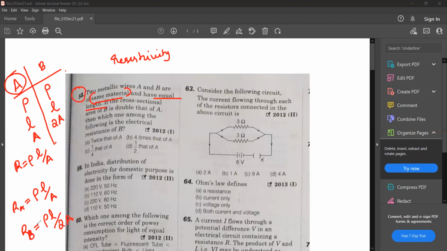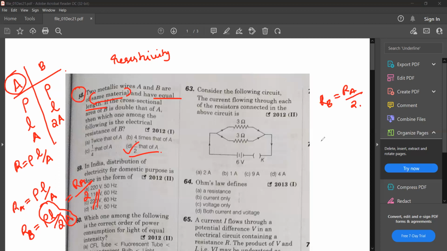Okay, so listen, this much portion is RA, isn't it? So this is RA by 2. So what is resistance RB? RB is equal to RA by 2. So now see, there are options like twice that of A, 4 times that of A, 1 by 4 that of A, 1 by 2 that of A. So answer is option D, 1 by 2 that of A.